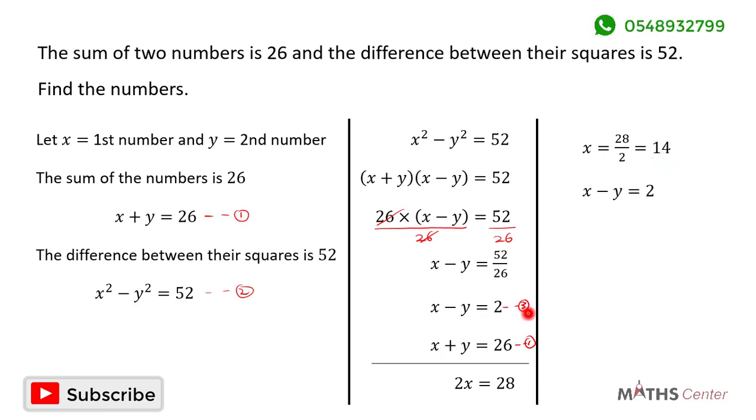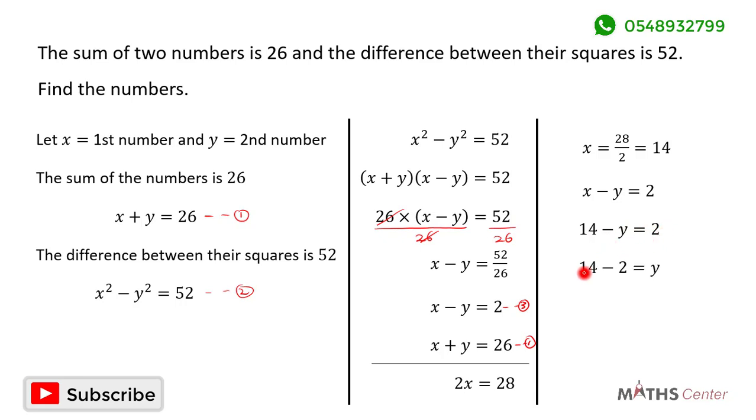From equation 3, we know that x minus y is equal to 2. I've just found x as 14, so I can substitute it here to get the value of y. And so when I substitute x here, I'll have 14 minus y is equal to 2. I'll send y to the right hand side and bring 2 to the left hand side.